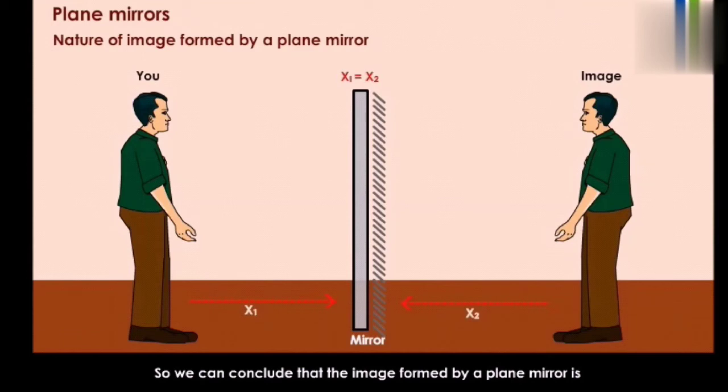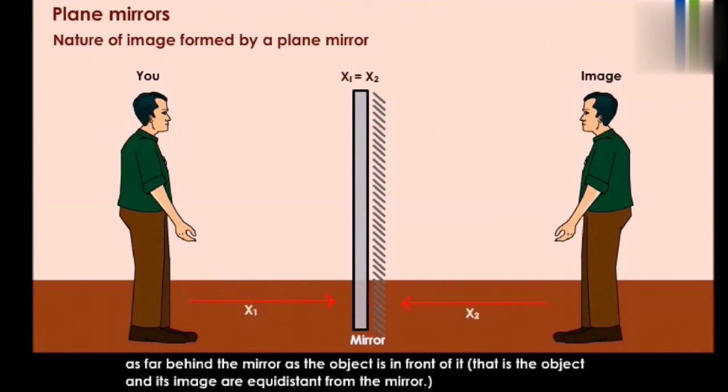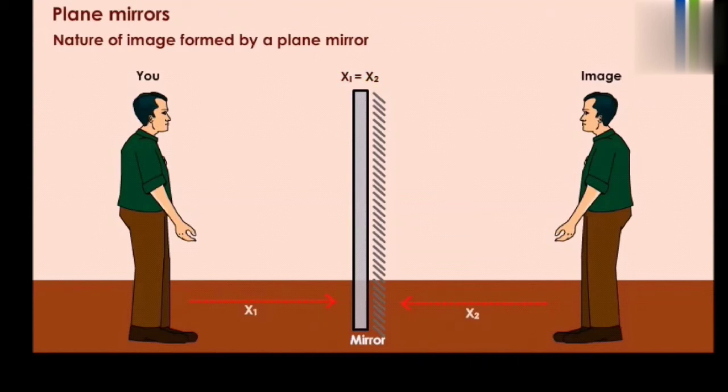The image formed by a plane mirror is as far behind the mirror as the object is in front of it. That is, the object and its image are equidistant from the mirror. Images are virtual and erect.